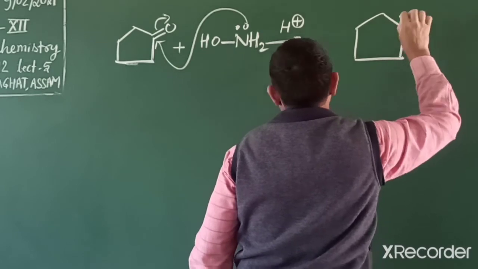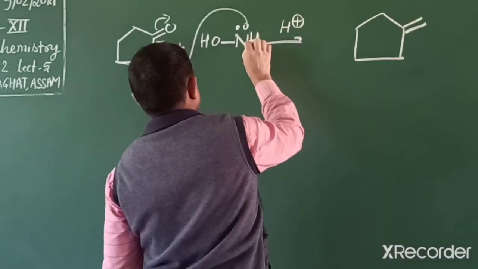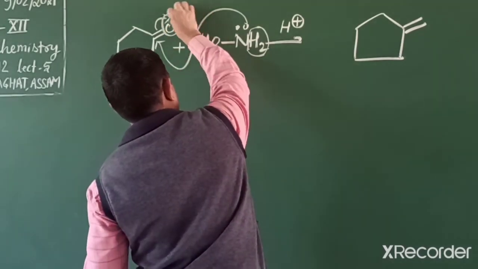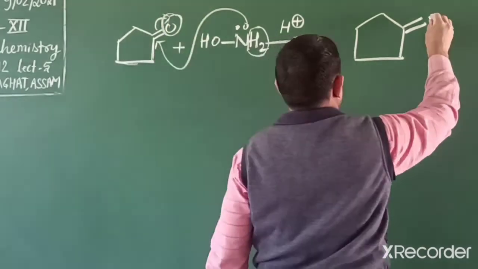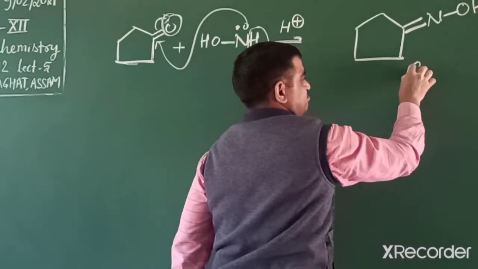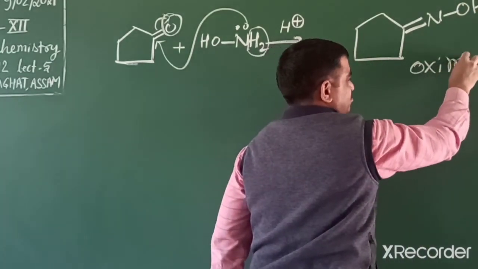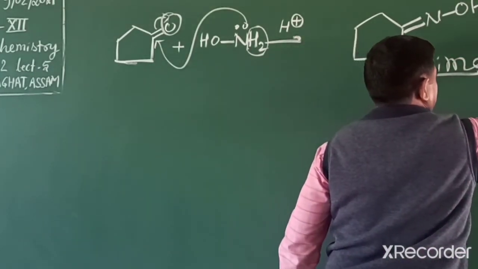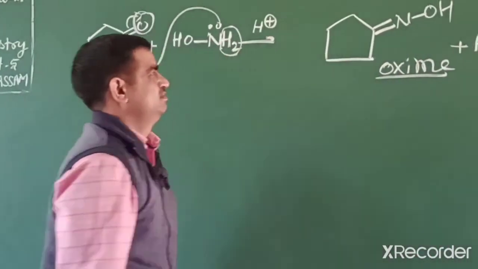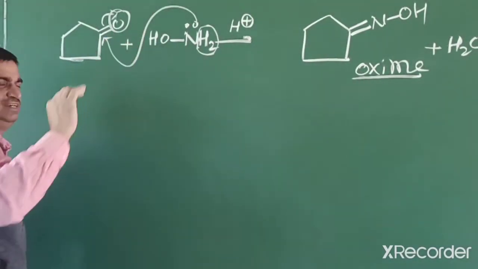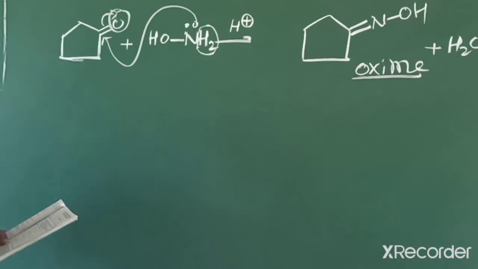Ultimately the water molecule is removed as H2O, hydrogen from this side and oxygen from this one, and the product is an oxime, plus water formation. Generally students remove the water molecule from this side and write the wrong product.